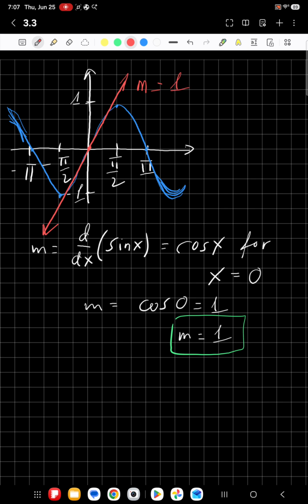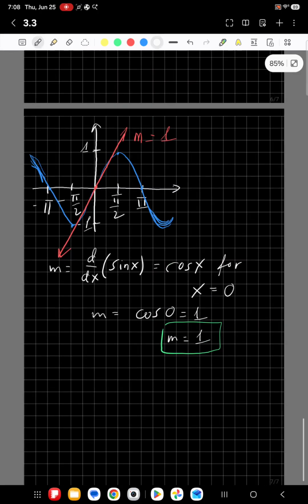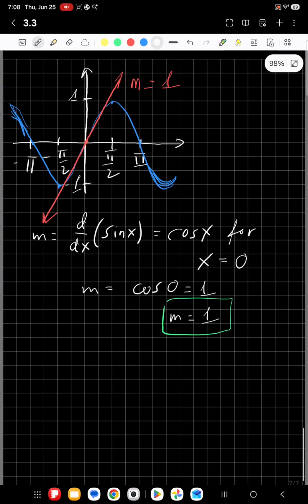Okay, a couple other examples. So let's do example 6. I say 6 and I write 1. Yeah, 6. And it looks like this. So we need to figure out the derivative of 3 sine x plus pi.